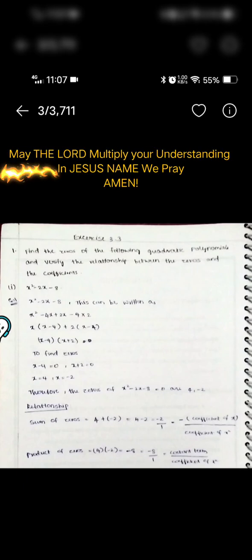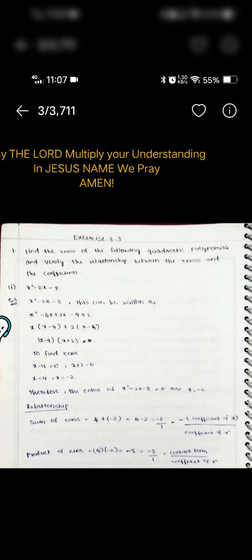Minus 8 can be written as minus 4 into 2. And the middle term minus 2x can be written as minus 4x plus 2x. The reason why we have taken minus 4 plus 2 is that minus 4x plus 2x will give minus 2x. The value is not going to change, we are just splitting it.